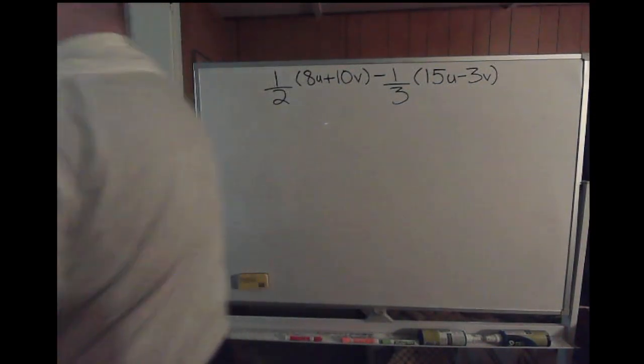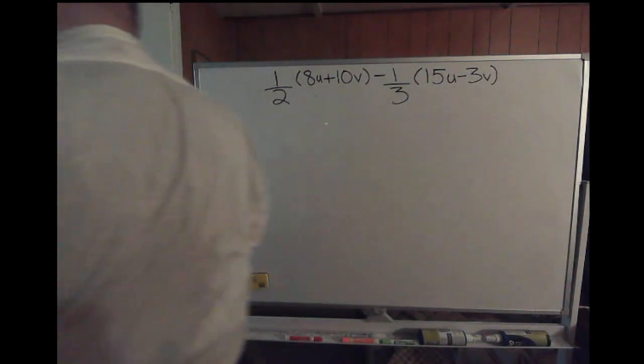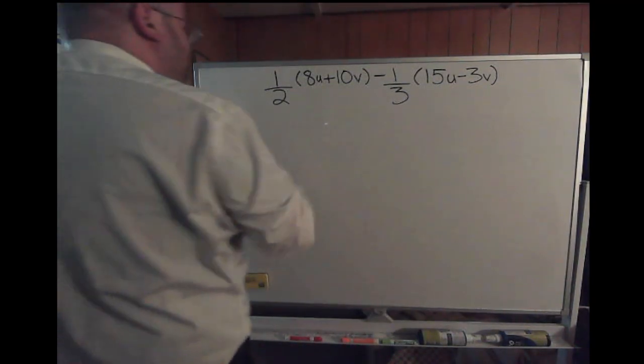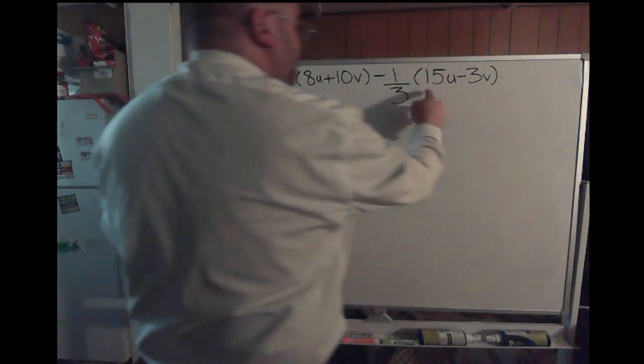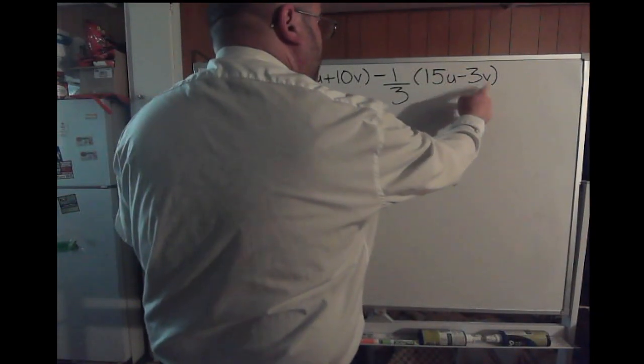Alright, so that's a little bit of a doozy of an expression there. We got 1/2 times the quantity of 8u plus 10v minus 1/3 times the quantity of 15u minus 3v.